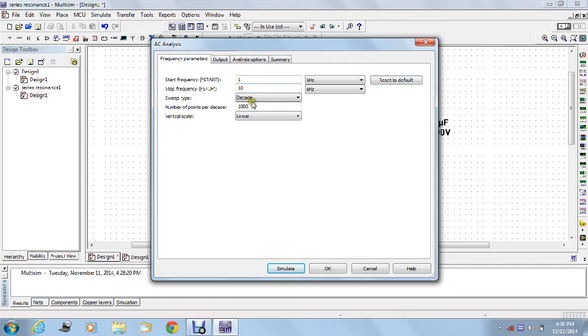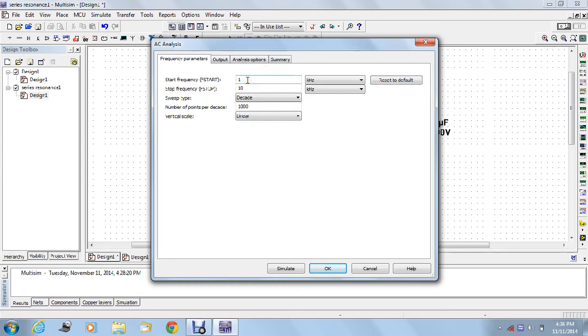Sweep type is decade. Number of points per decade is 1000. Vertical scale options are linear, logarithmic, decibel, octave. We are going to select linear for a very good visible graph. Remember this setting.